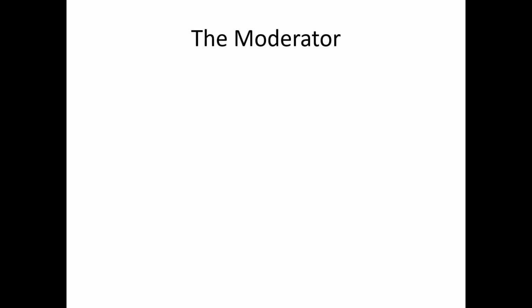So, what are the moderators? The main moderators are utilized in a reactor to slow down the reactions. Moderators are very important. Why are they utilized? Because they are necessary to slow down the neutrons.